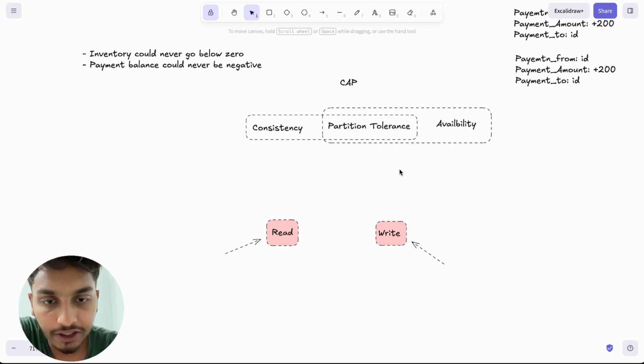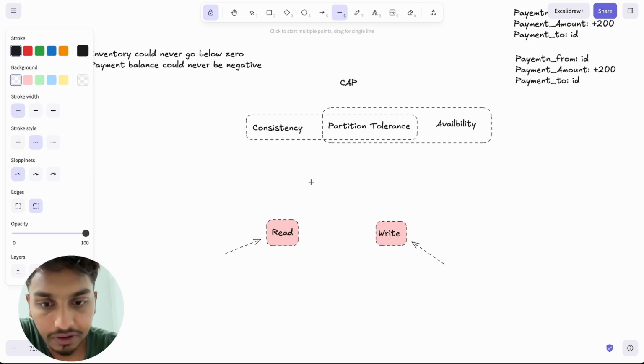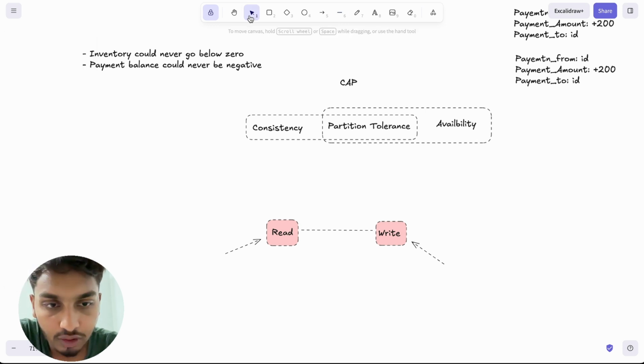So if a partition happens, which is basically a network disruption, let's say both are connected with the help of a network, and this network breaks. The databases that are primarily designed for availability and partition tolerance will still keep the read running, while if they're designed for consistency, then the read database will be stopped and the consistency will be maintained.